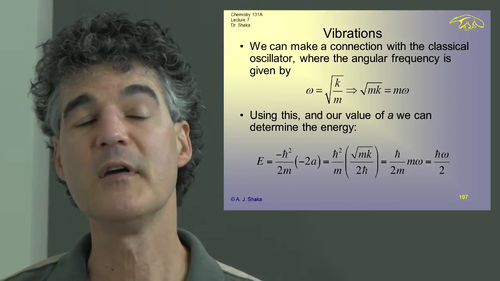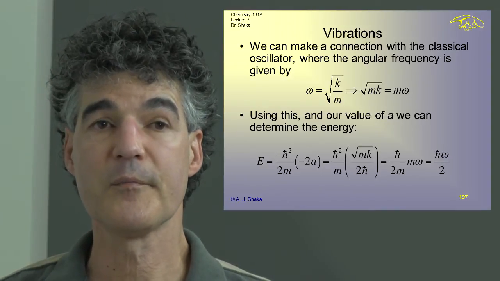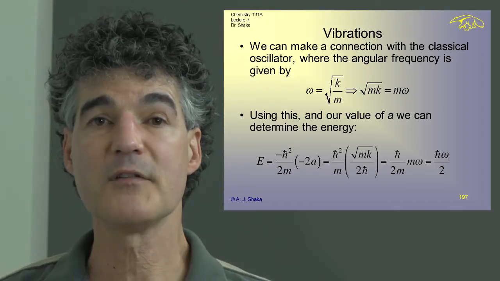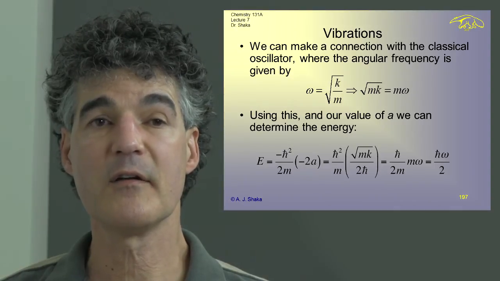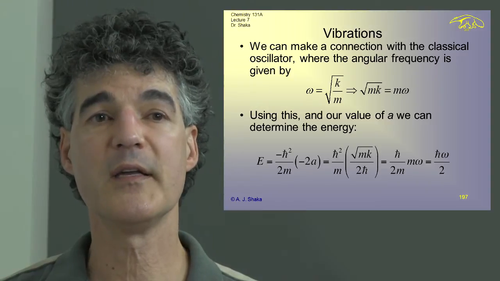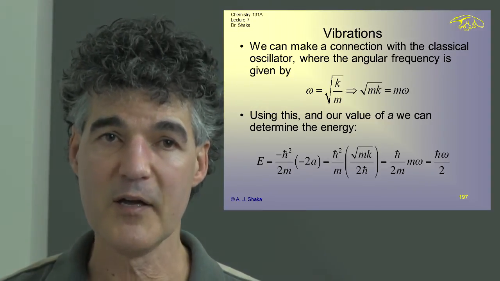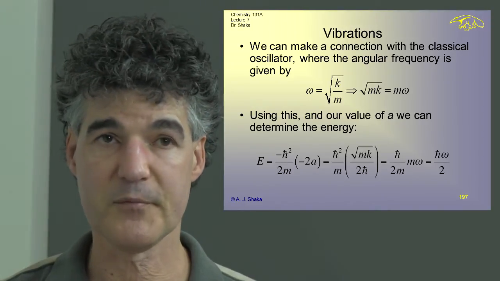The m's cancel, and we get h bar omega over 2. That is the ground state energy of the oscillator, which is not 0. The oscillator is always a little bit excited. It can't be 0 because of the uncertainty principle.